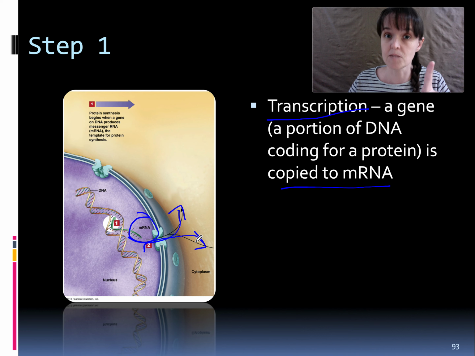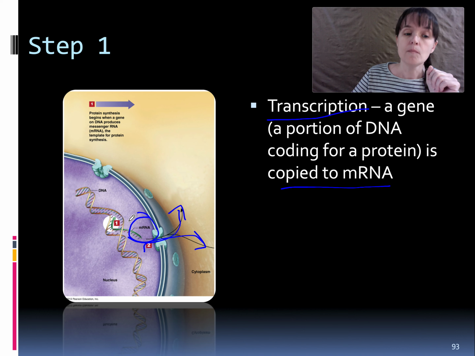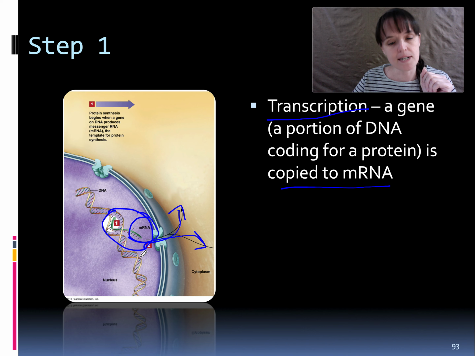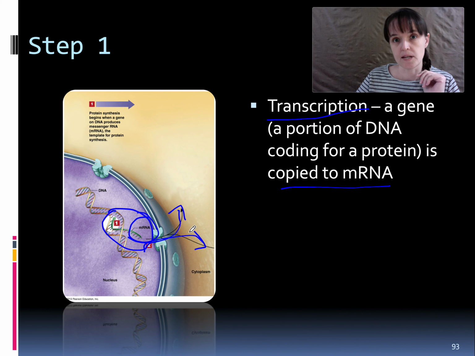Although, frankly, the recipe for bread is not going to help you any because a pinch and a smidge and until the texture is right are really hard to replicate. But your copy on the index card, your mRNA, that fits through the door. It fits through the nuclear pore, and you can take that home and you can try the recipe at home.